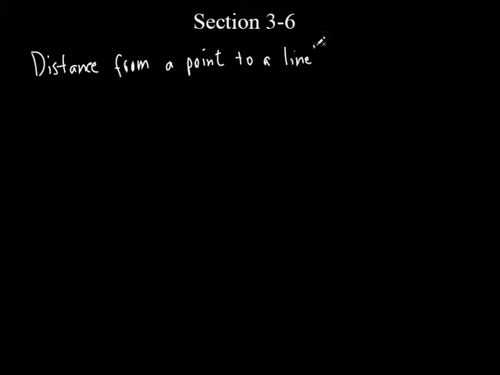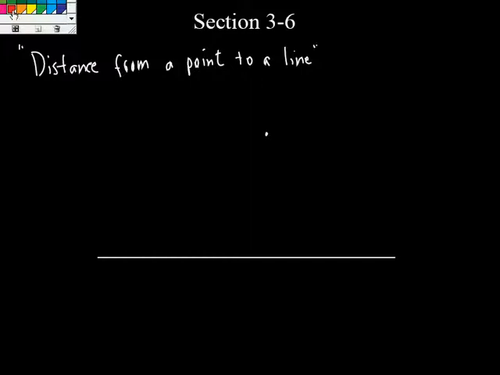So first of all, we have to define what that actually means. So let's draw a line. Let's draw a point. So here's a line, and here's a point out here like this. And let's make the next one a different color. If I asked you to find the distance from this point right here to this line right here, and to draw that distance, the word they're going to use is construct.